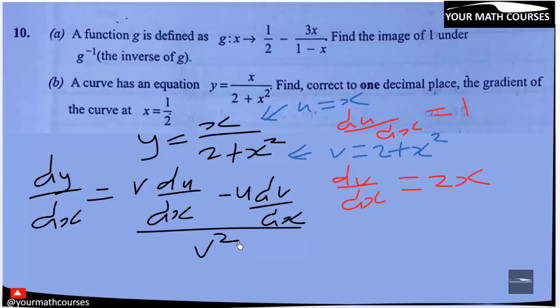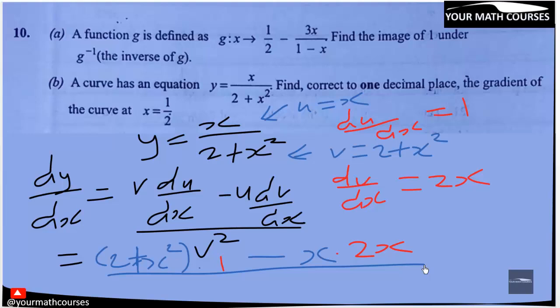So this will be equal to v is 2 plus x squared, du dx is 1. Then we have minus u is x, then dv dx is 2x all over v squared, that is 2 plus x squared all squared.